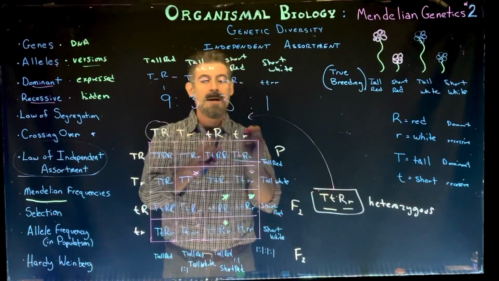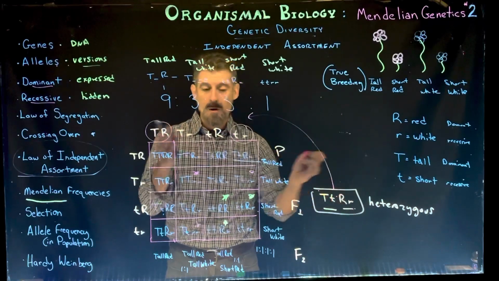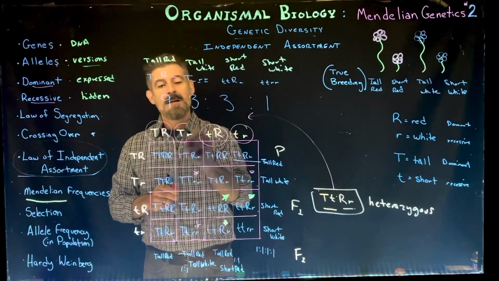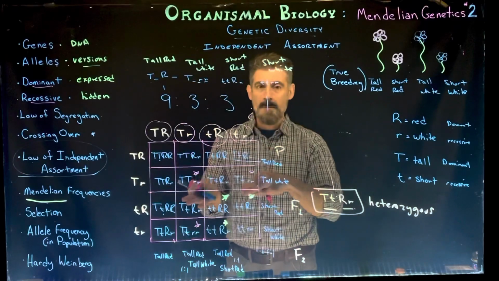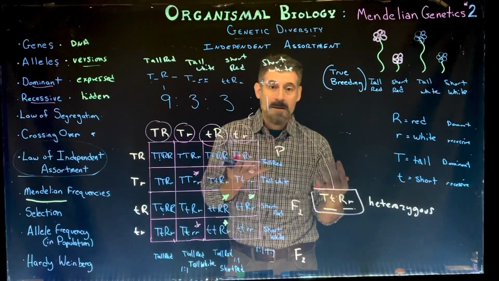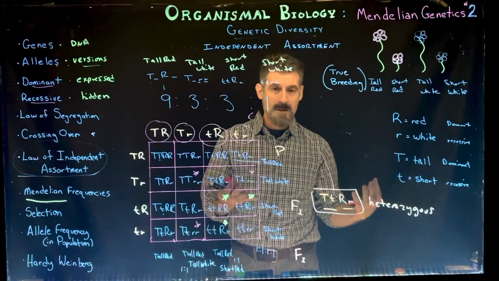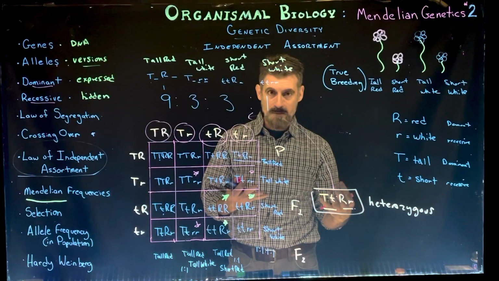They can form gametes that contain both the recessive alleles, or they could form gametes that contain combinations of the dominant and recessive alleles. So they're independent of one another, right? It's independent assortment, equally possible that you could have any combination of them.